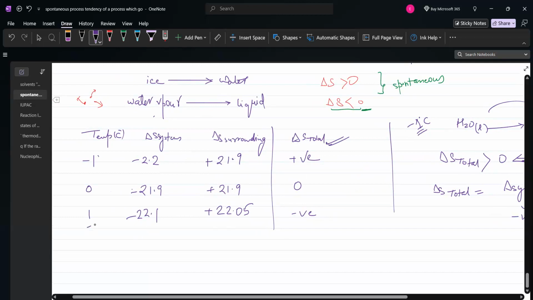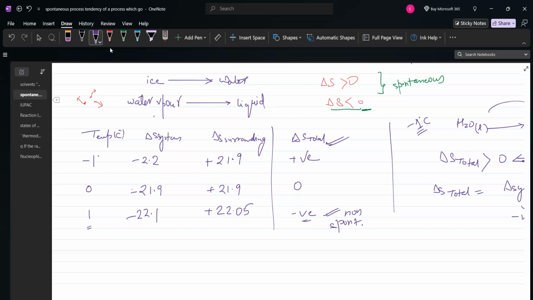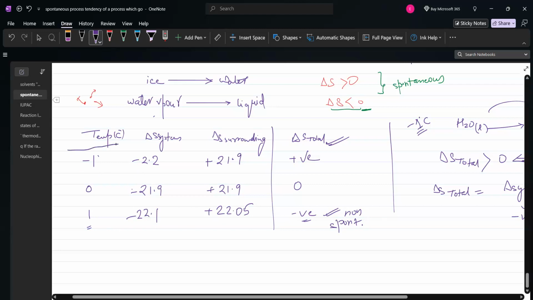Delta S total negative is not possible. This will be non-spontaneous. At 1 degree Celsius, water will not convert into ice. Okay? Are you getting this? Everyone? Yes, sir.